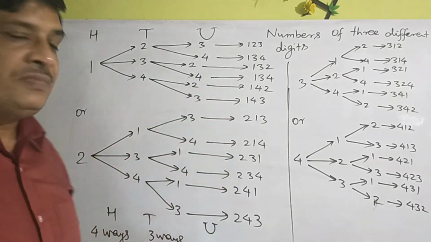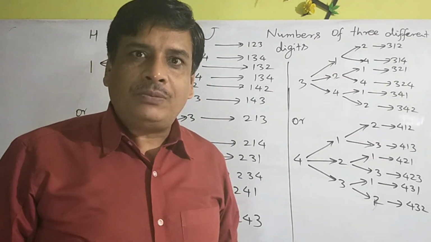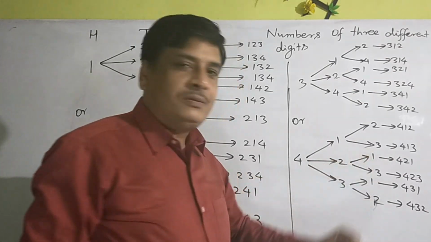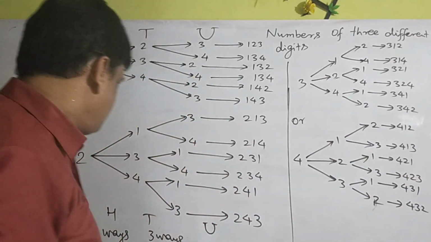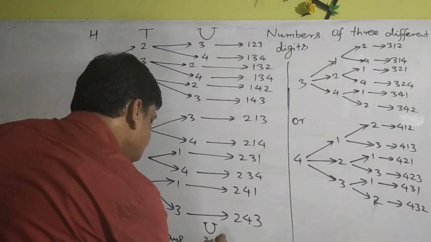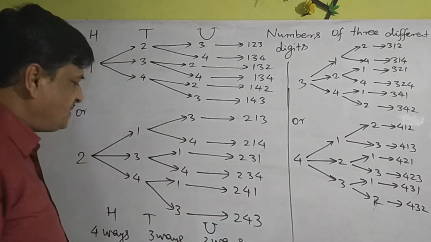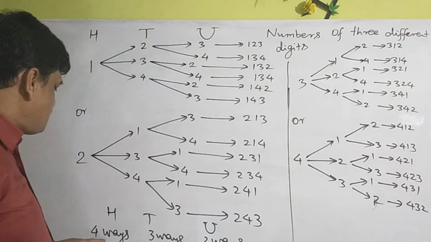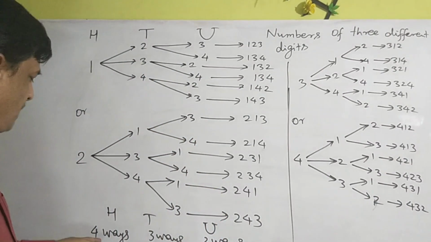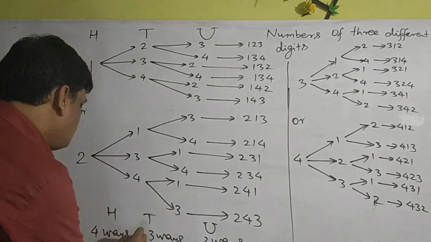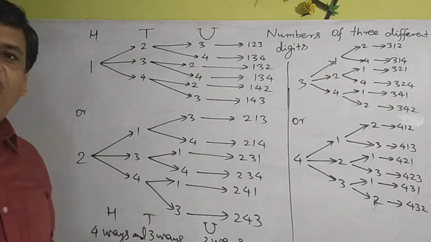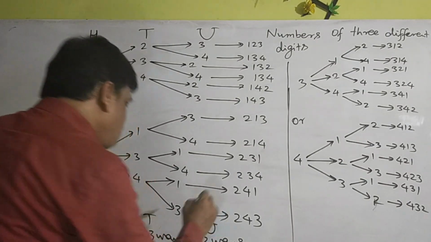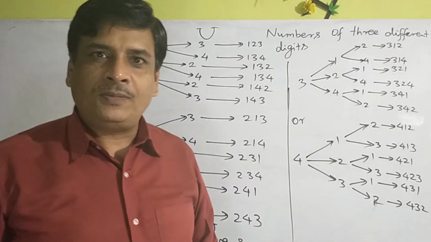So in this diagram, what we observe, for each choice of tens place, there are two choices for unit place. So we can see unit place is filled up in two different ways. First, hundreds place is filled up by 4 ways, and then tens place is filled up by 3 ways, and then unit place is filled up by 2 ways.